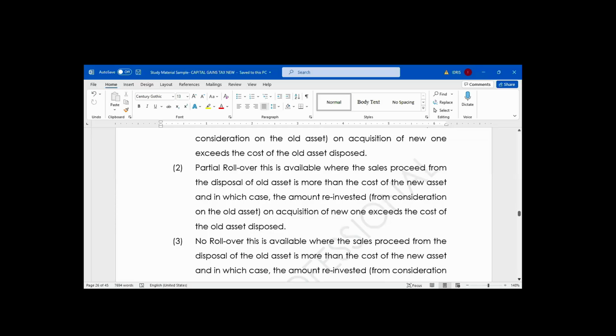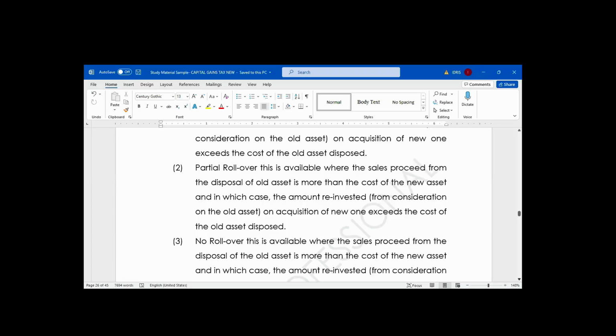Under nil rollover relief, the amount reinvested in the acquisition of new assets is lower than the sales proceeds of the old assets and also lower than the cost of acquisition of the old asset.